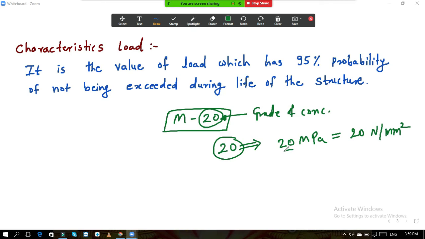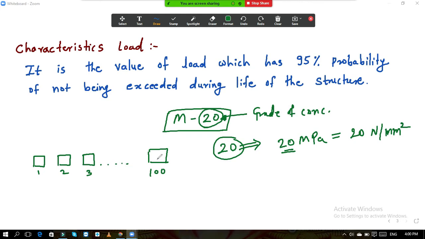But how does this value come? This strength is called the characteristic strength. What it means is, suppose in a lab you have cast 100 cubes. You know that the standard cube size is 150 mm by 150 mm by 150 mm.